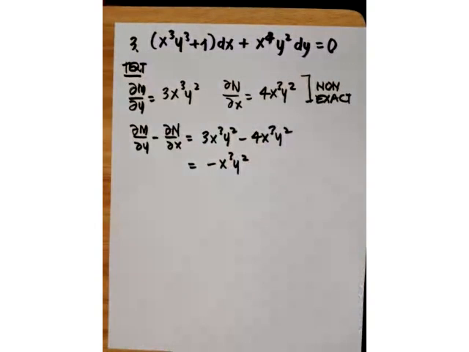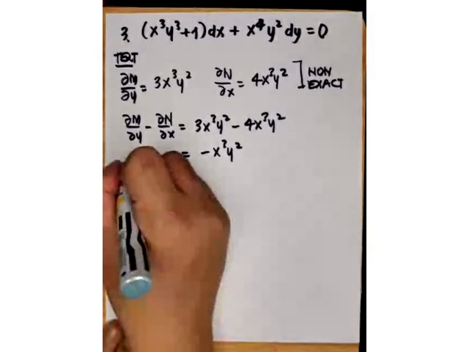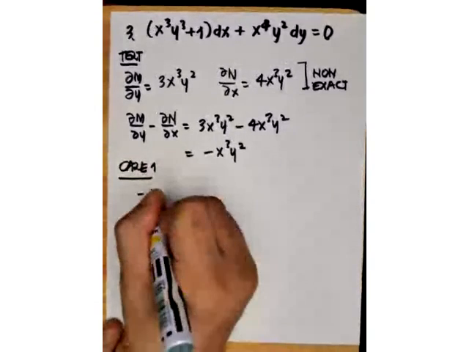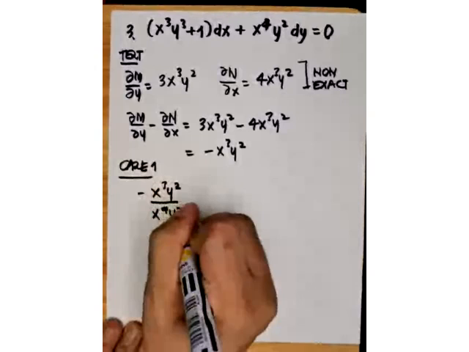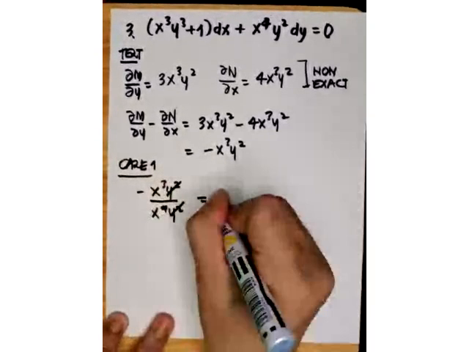Okay, anong case siya? Okay, so di-divide natin ay n. So that one is a case 1. So case 1, di-divide ko ng diretso. So negative x cubed y squared over x to the 4th y squared. So that's equal to, we can cancel. So that's negative 1 over x.